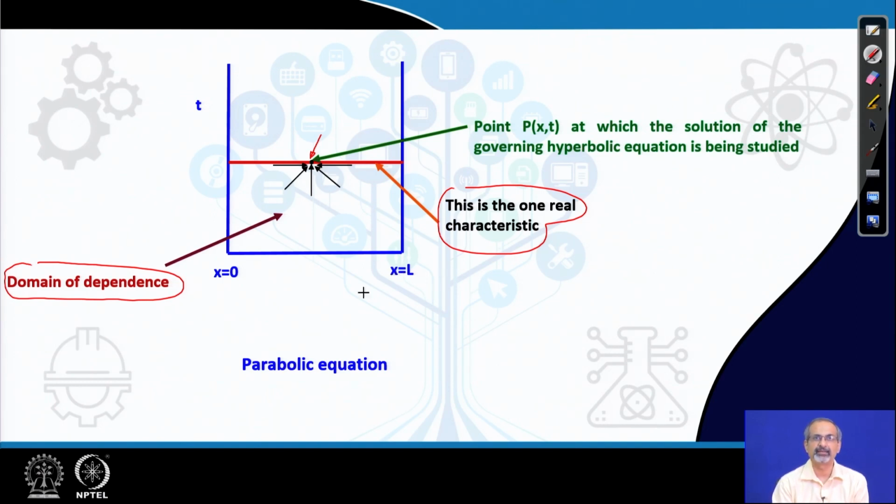They do not need any time to propagate to that point, unlike what it was in the case of hyperbolic equation. And the solution, of course, will proceed along the time direction and also span across the spatial direction.